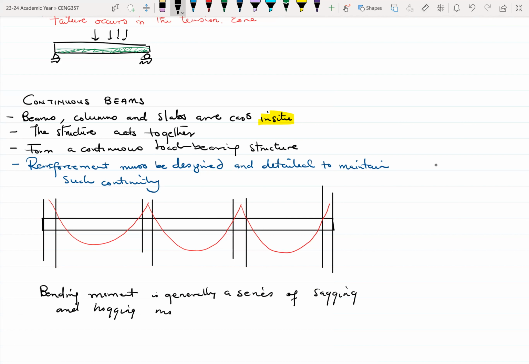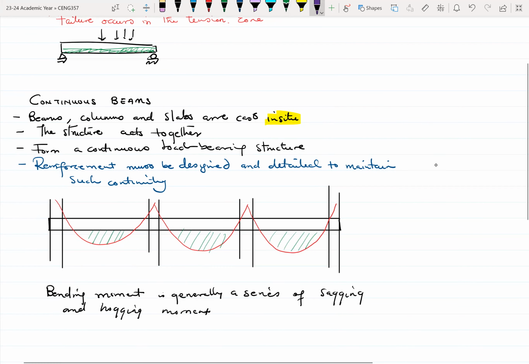Okay. So we can see that when you are in the spans, you are looking at sagging moments. So in the spans, the moment is sagging. Then when you are in the support, the moment is hogging.